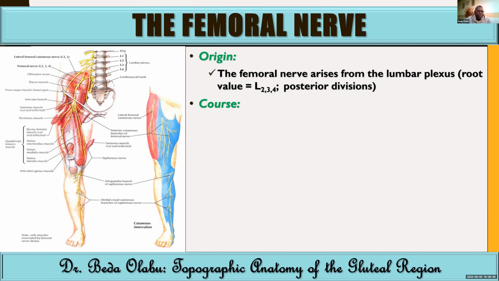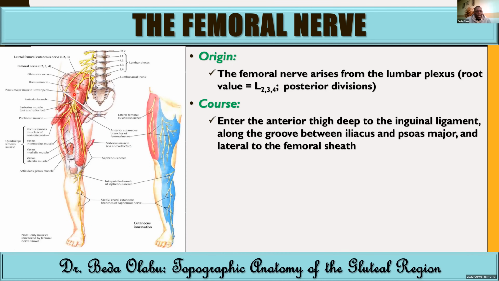This is the femoral nerve coming from segments L2, 3, 4 of the lumbar nerves, posterior divisions. This other one is the obturator, coming from anterior divisions of the same segments. Now let's focus on the femoral nerve. What's the course of the femoral nerve? The femoral nerve runs between the muscles iliacus and psoas major in that particular groove there. And so it will enter the thigh in that groove between iliacus and psoas major.